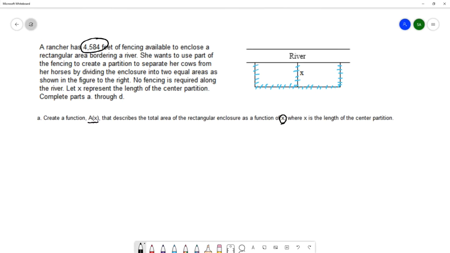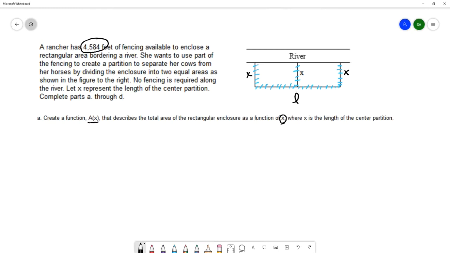We do want to use all of that fencing because the more fencing we are able to use, the larger area we can create. So I'm going to label this side as x as well because it's a rectangle. It will have the same length as the center partition. And then I'm going to label this side as y. Maybe I should use a different letter. Let's call it the length.